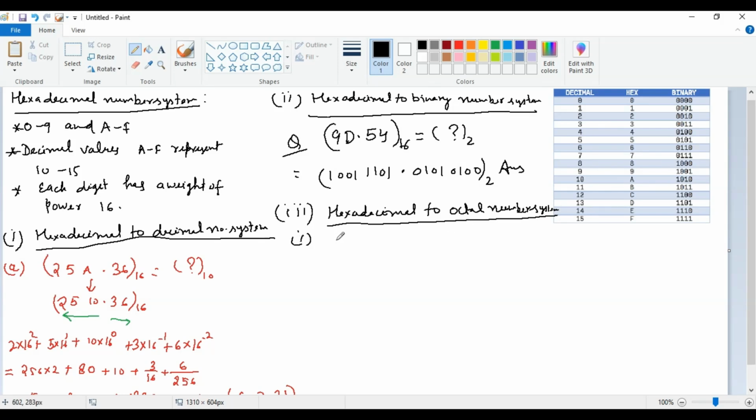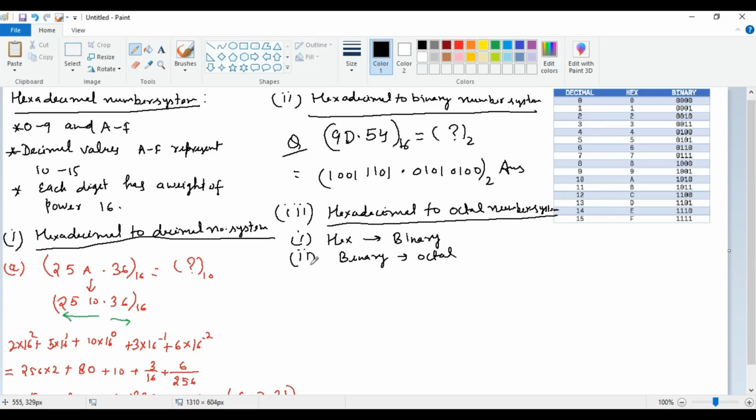This conversion has two steps. First, we have to convert hex to binary equivalent as we did previously. Hex to binary. In the next step, we will convert binary to octal. Binary to octal.